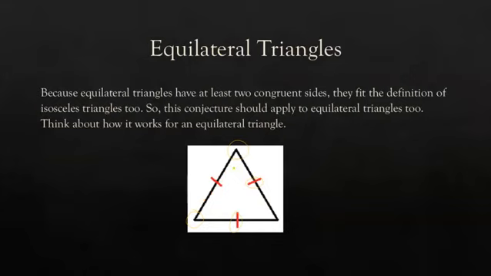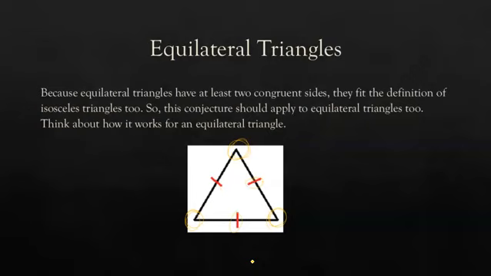If I'm looking at the vertex as the one on the left, then my base angles would be the top and the right one. And so they would be congruent. If I look at a different vertex angle, I could have base angles at the bottom, and they would be congruent.